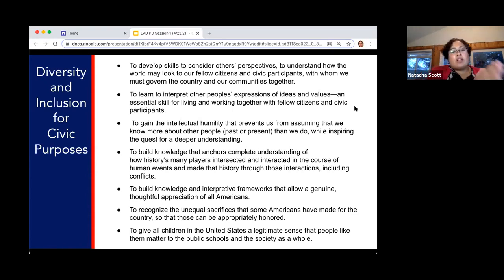Okay, so to develop skills to understand others' perspectives, to understand what the world may look like from our fellow citizens or civic participants, think about how to interpret others' expressions of ideas and values. Okay, to build the knowledge that anchors complete understanding of how history's many players intersected and interacted in the course of human events.